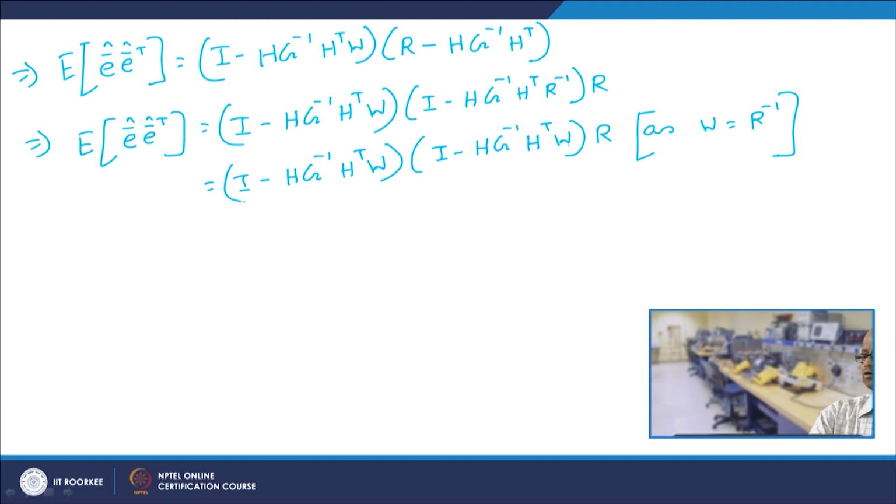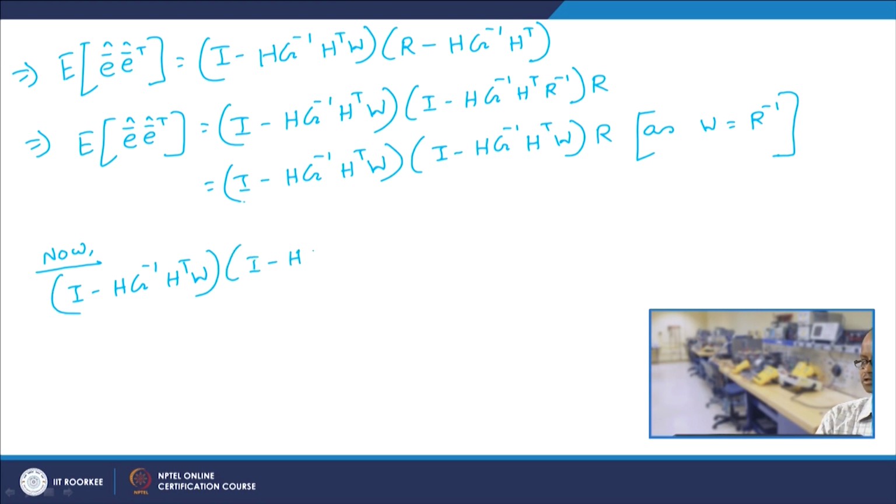Now, if I multiply everything, what do I get? Now, what is this quantity? This is an idempotent matrix. Now, I minus H G inverse H transpose W, what is this quantity?